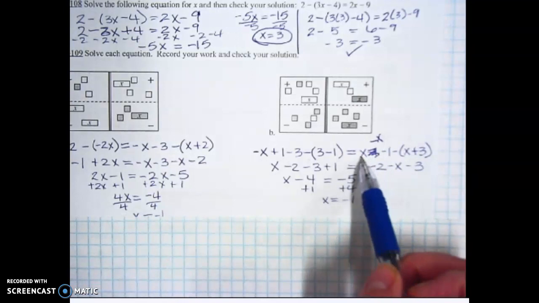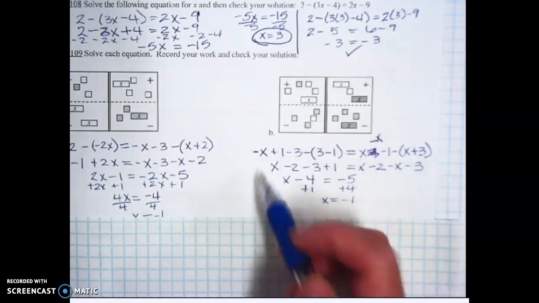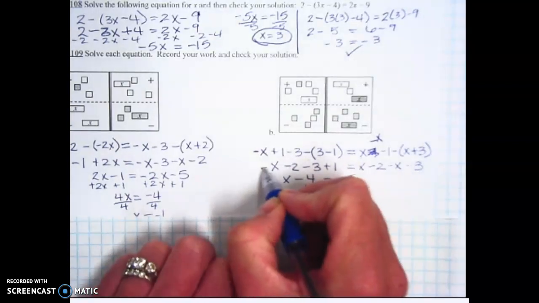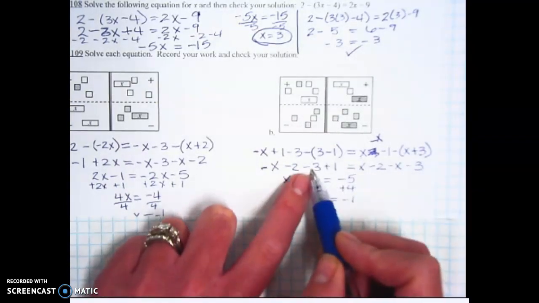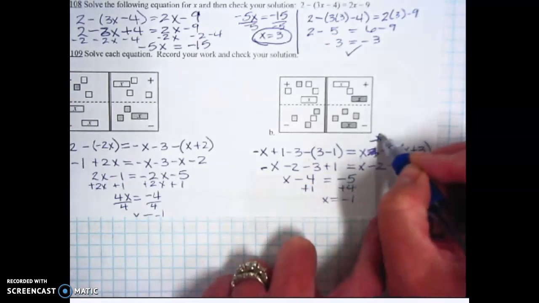So I should have a positive x, minus 1, and then down in the subtraction region, I have an x plus 3. So when I go to simplify over here, I should have a negative x minus 2, distribute that negative there. These x's cancel.